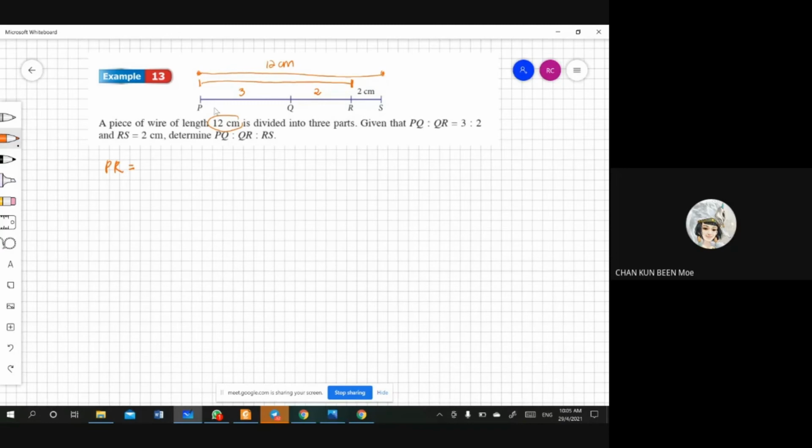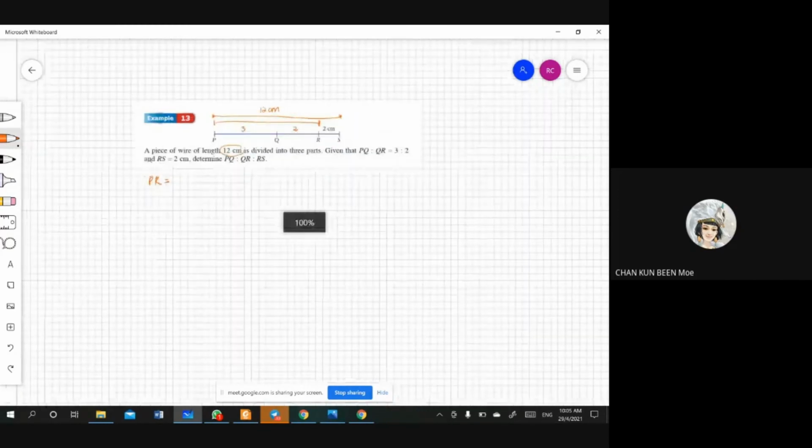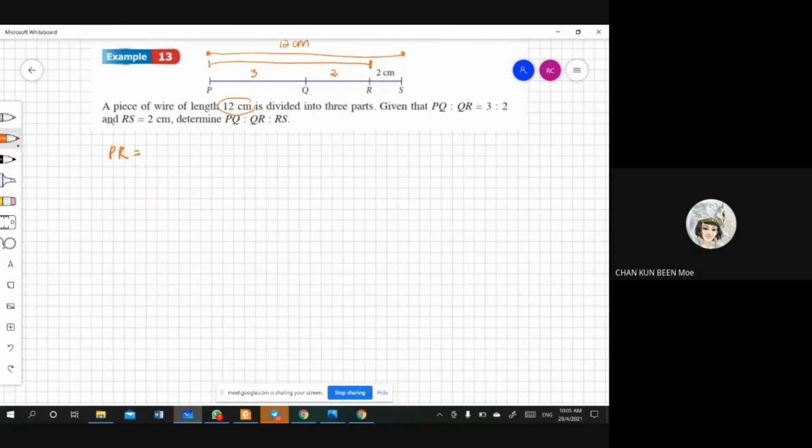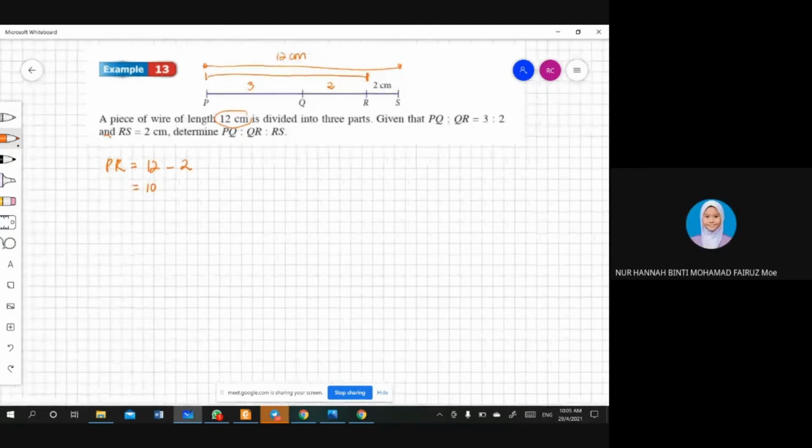So how to get the length of PR only? 12 centimeter minus 2 centimeter. Yes, very good. So 12, you minus 2. So we are going to get 10. Meaning that from P to R, the value is 10 centimeter.